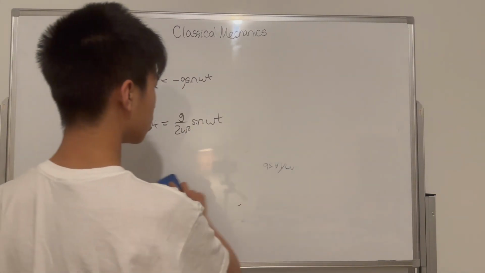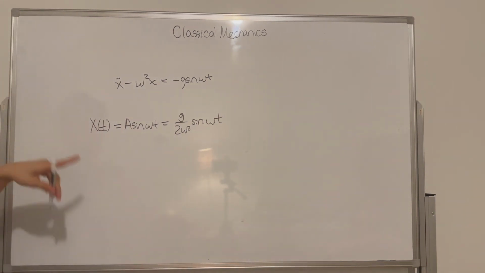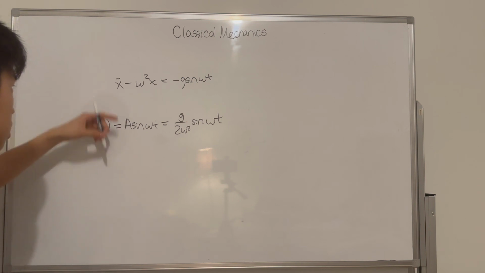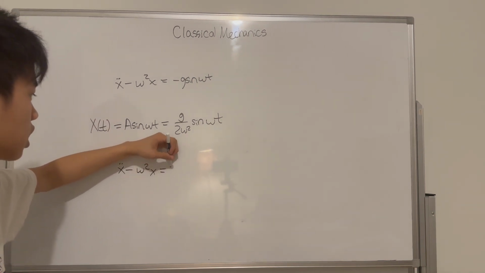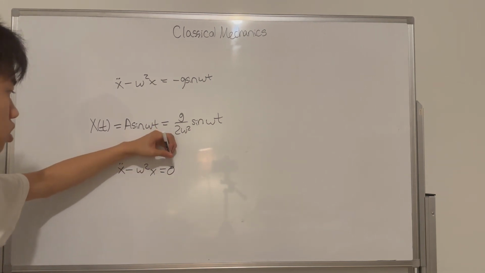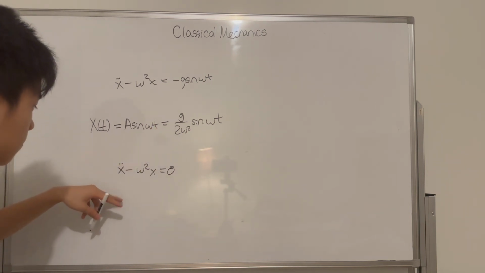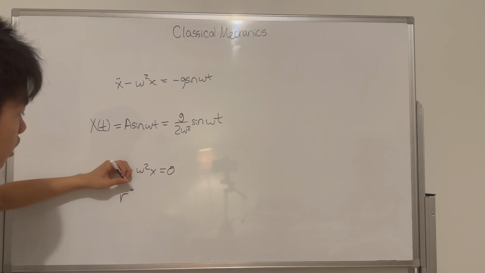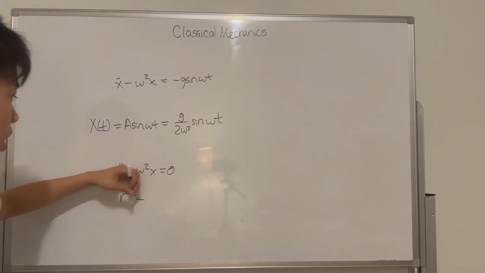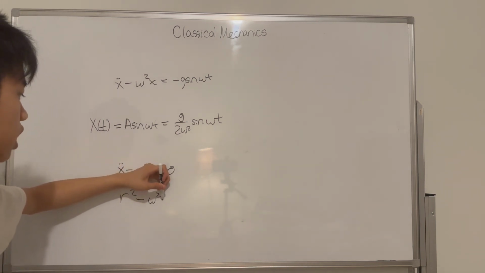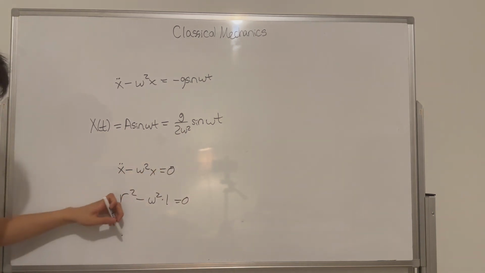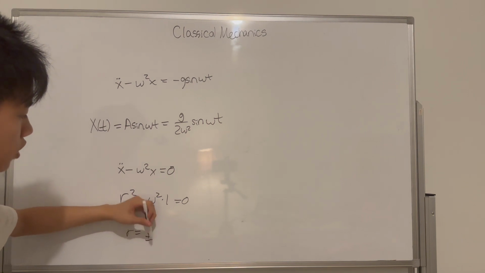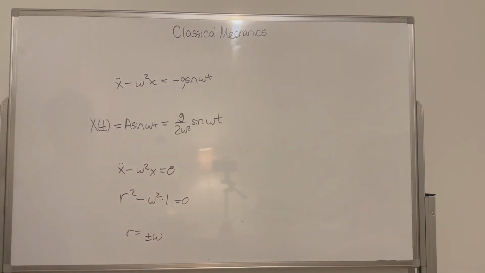Okay, so our homogeneous solutions, well, we can use the method of characteristic equations. So we have x double prime minus omega squared x, we can set that to 0. We would say that this equates to r squared minus omega squared times 1 equals 0. And then r is just equal to plus or minus omega.